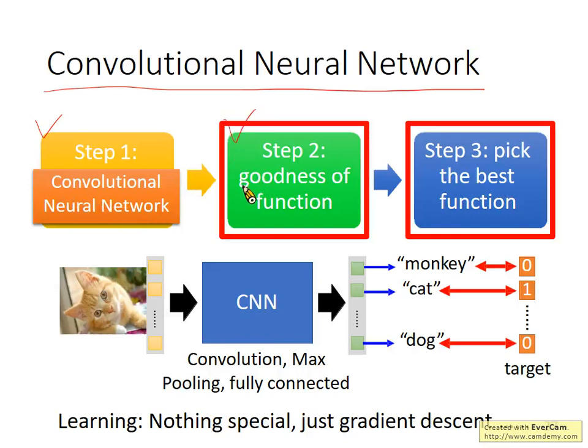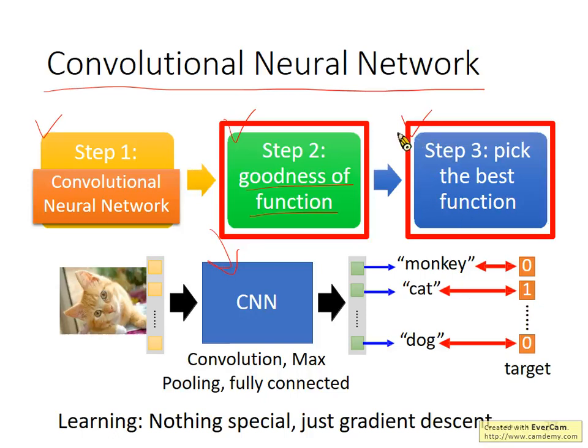The second step is to define the goodness of a function, and the third step is to pick the best function. Even if you use CNN, the way to define the goodness of a function is similar to that of a fully connected network. We can use cross entropy, mean square error, and so on.